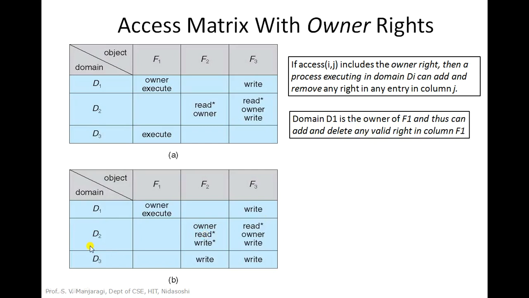Similarly, we can observe that domain D2 is the owner for F2 for the operations read and write, so domain D2 can add or delete any valid right in column F2.